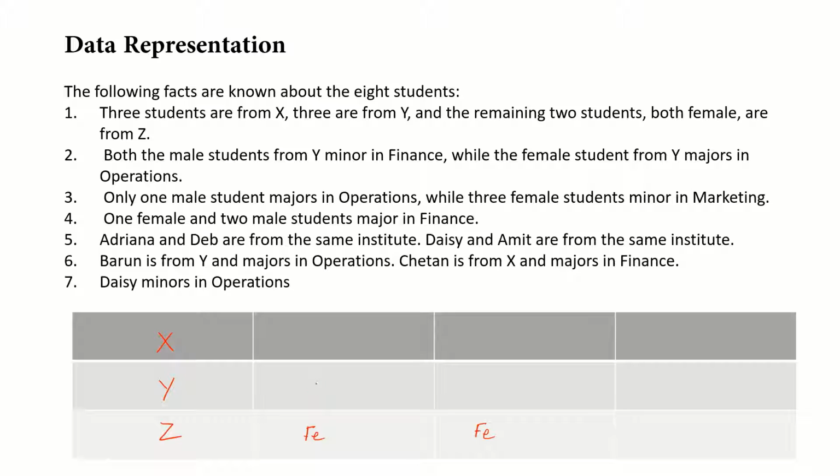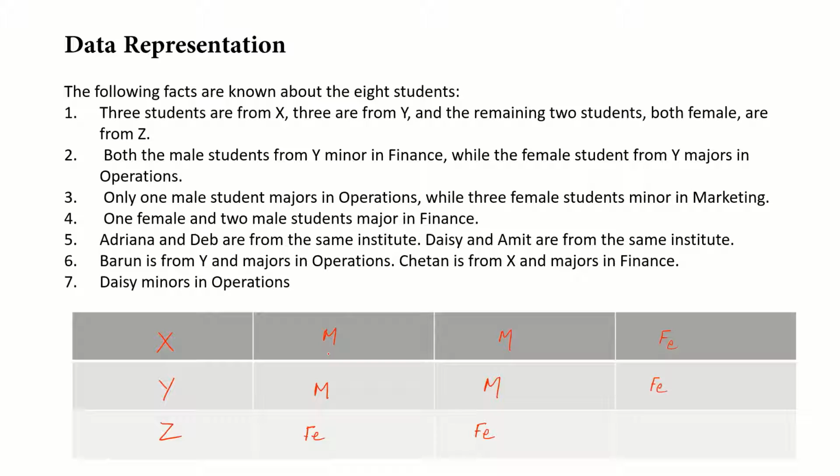So again, male, male, and a female. So we are left with 1 male in X, another male in X, and 1 female in X. So we are done with point number 1.